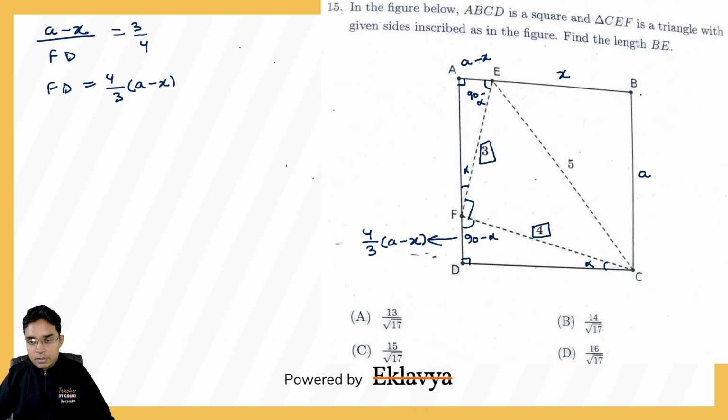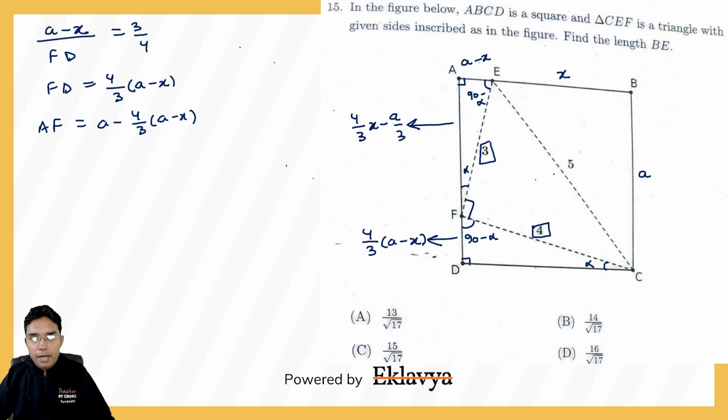Now because this side length of the square is a, this AF can also be calculated. AF will be a minus 4 by 3 into (a minus x), and if we solve it, we will get this to be 4 by 3 x minus a by 3.